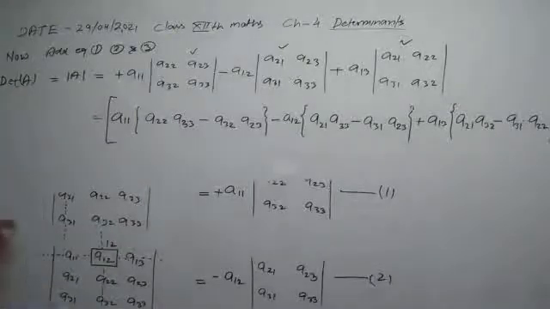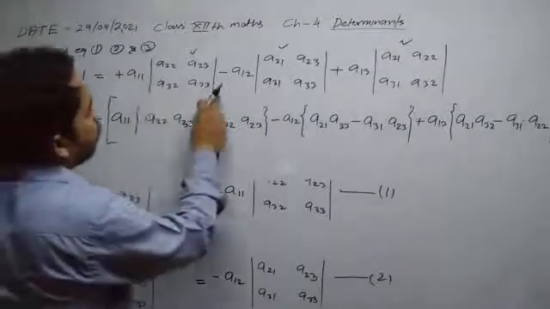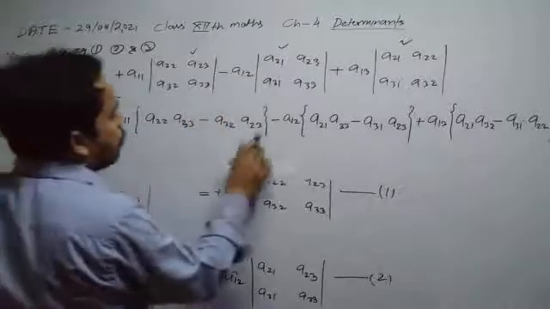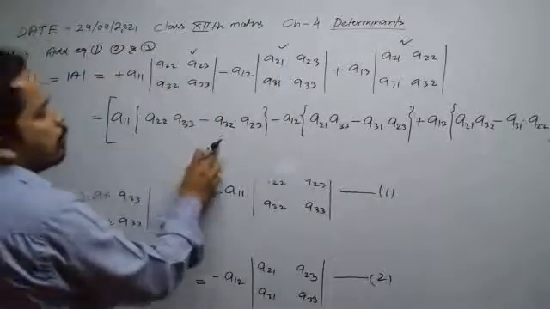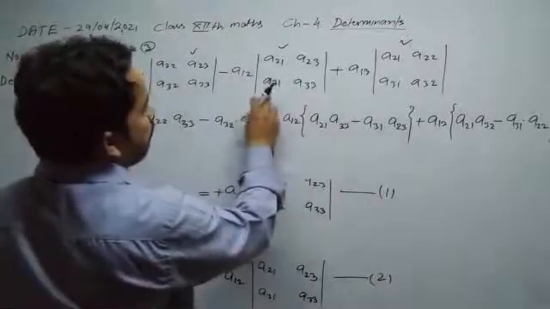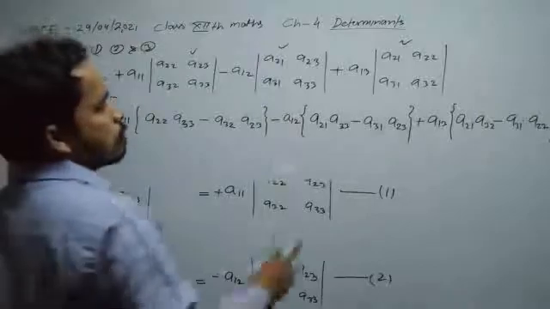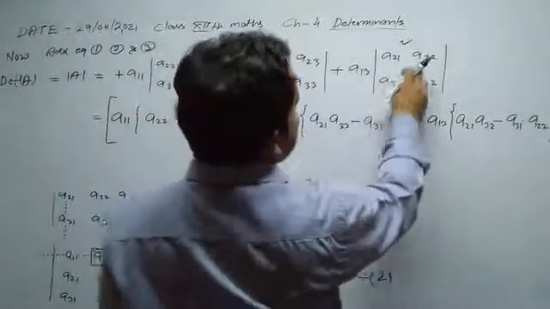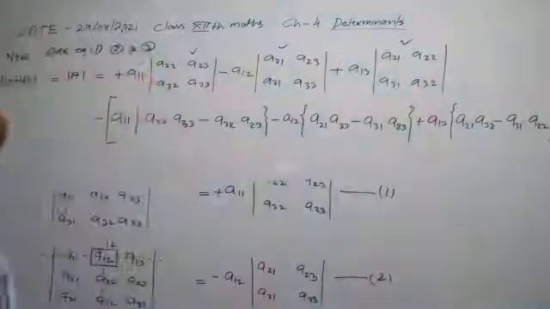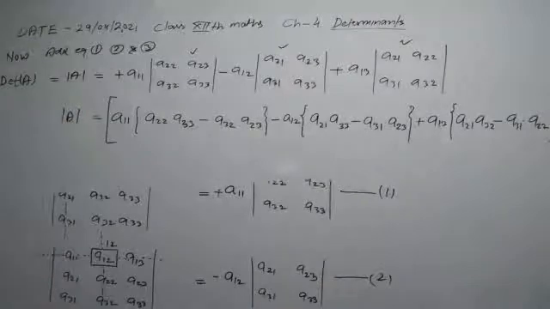So you will see, this is the calculation of determinants A22, A23, A32, A33 and A21, A33 minus A31, A23, and A21, A32 minus A31, A22. So this is the value of the determinant of order 3 cross 3.